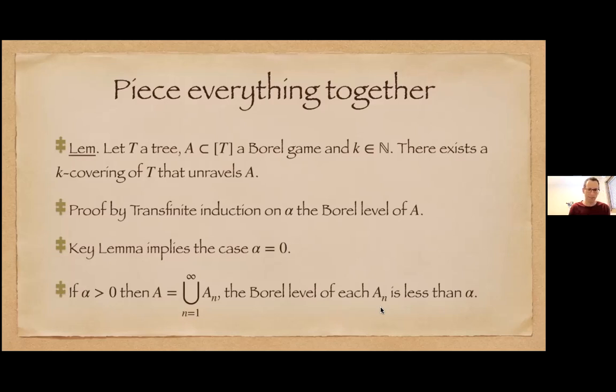It is slightly more generalized than what we need, and this is often the case when we prove something by induction: in order to apply the inductive step, we need to prove something a little bit stronger than what we really need. So this is what we're going to prove.